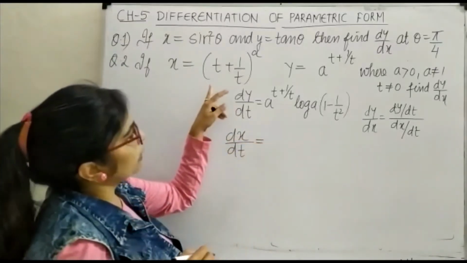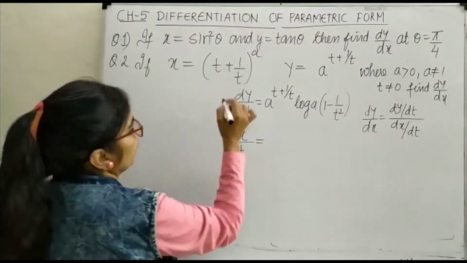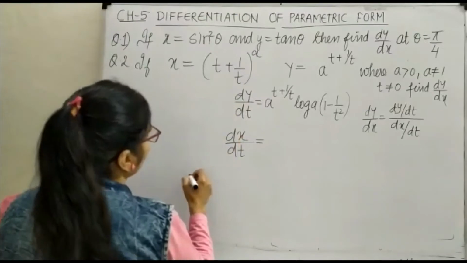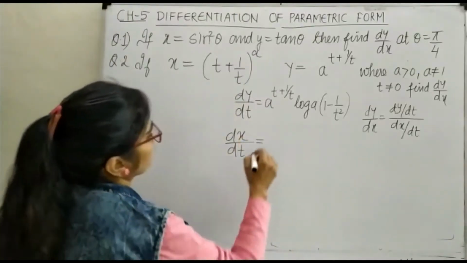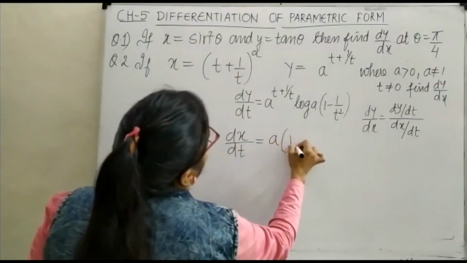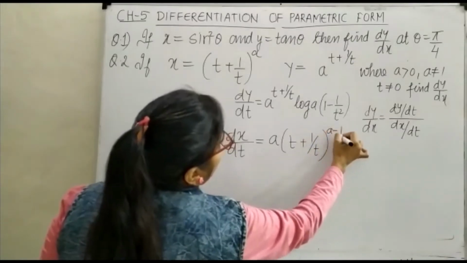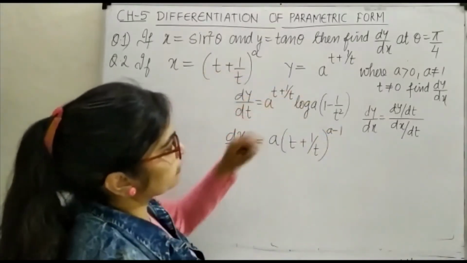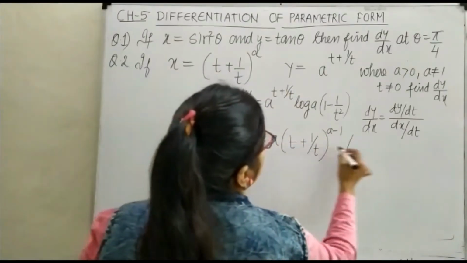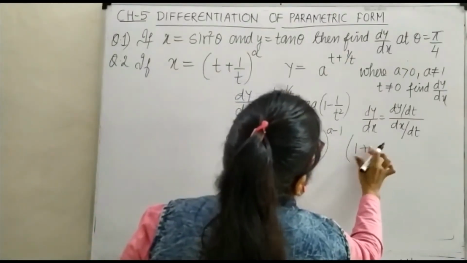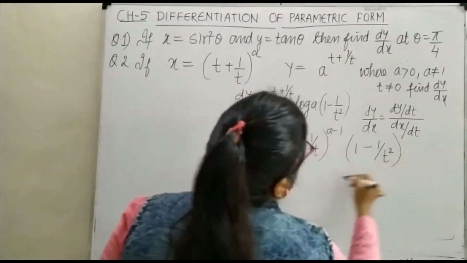Now let us find dx upon dt. As it is a to the power n form, you know the differentiation of x to the power n is n x to the power n minus 1. So this will take the form a times (t plus 1 upon t) to the power a minus 1, because here it is given that a is greater than 0, and once again the derivative of the inside, that is 1 minus 1 upon t square.